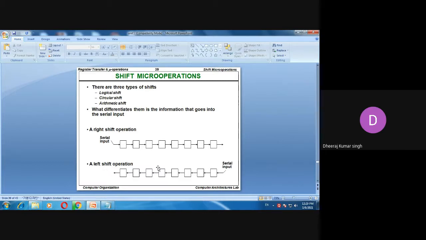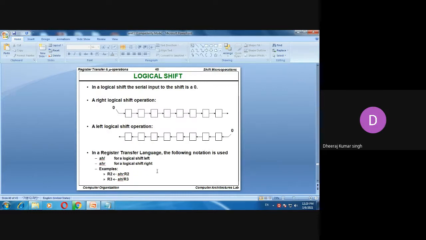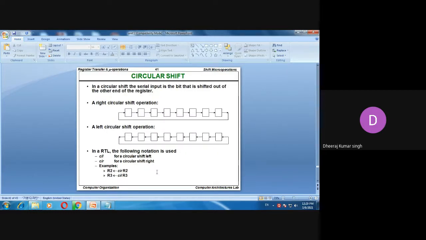Register transfer language is always a symbolic language, as we told you yesterday. Now we want to study the circular shift. In a circular shift, the serial input is the bit that is shifted out of the other end of the register.